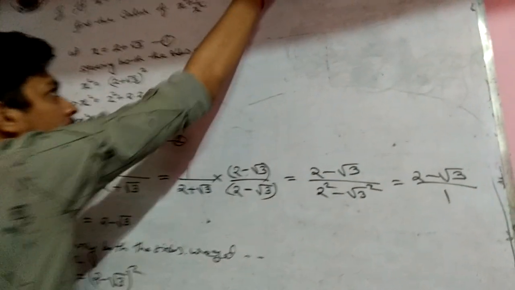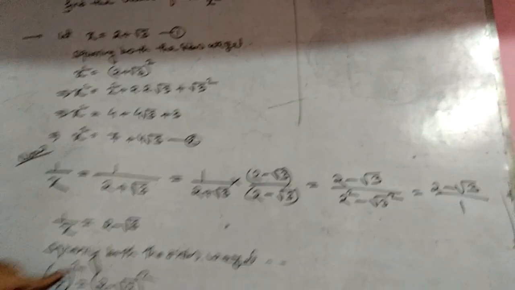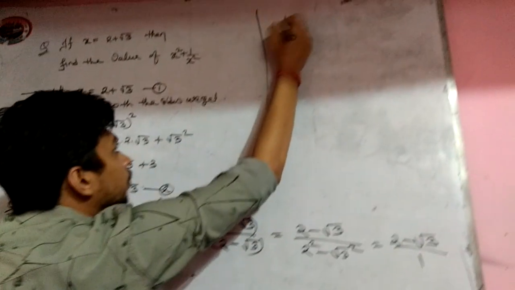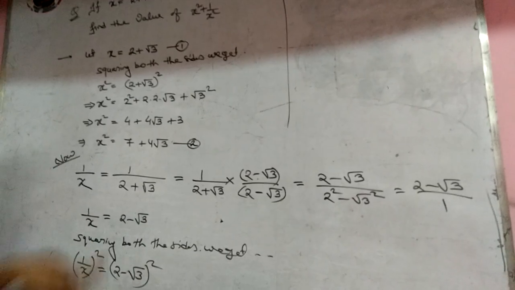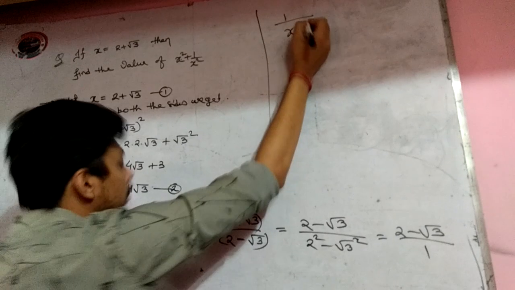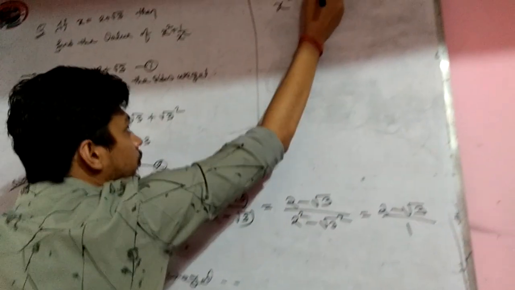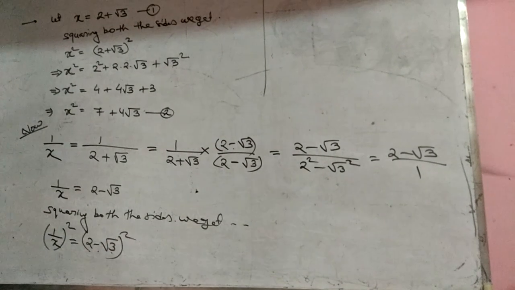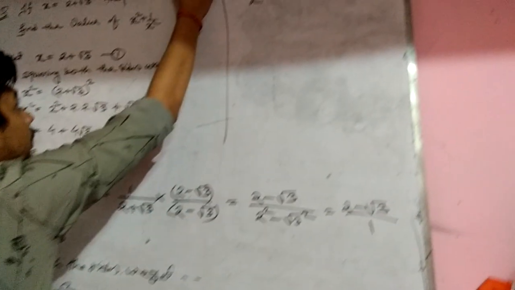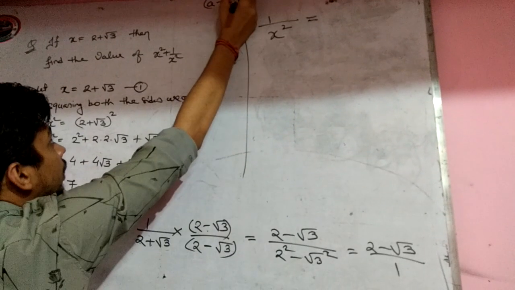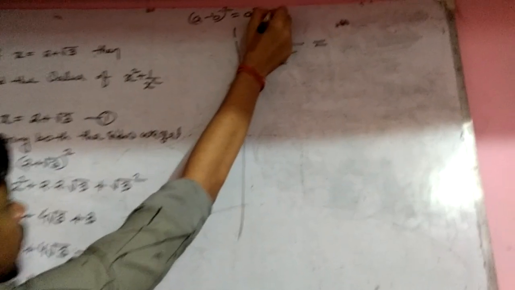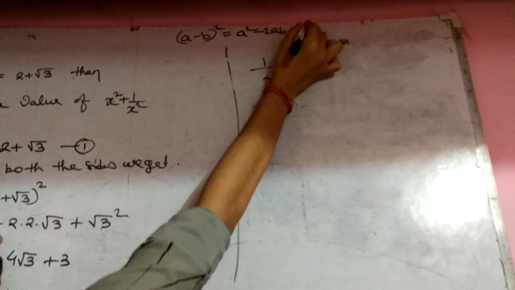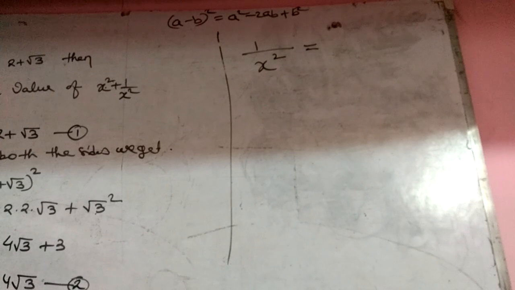Further continuing over here, 1 square is 1, here x square is x square. This will be equal to, this is in the form of a minus b whole square. A minus b whole square, what formula we are having? A minus b whole square is a square minus 2ab plus b square, if you remember from class 8.